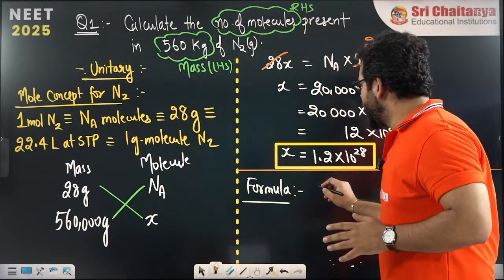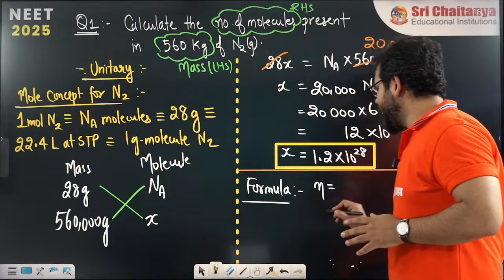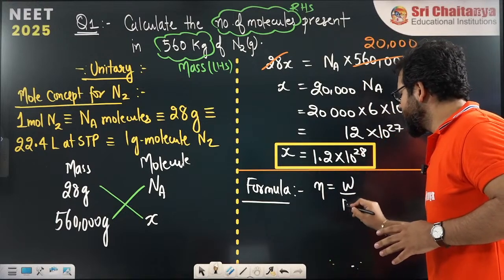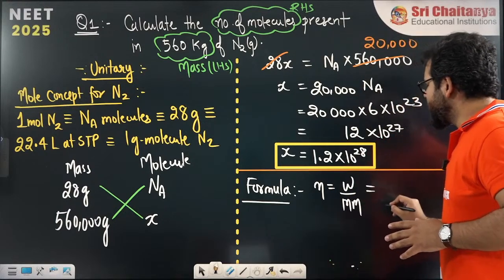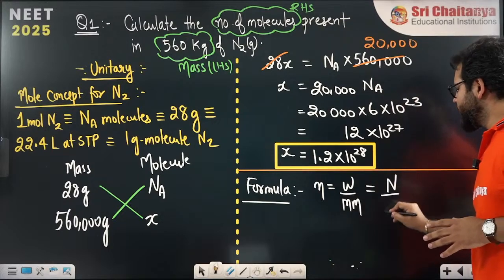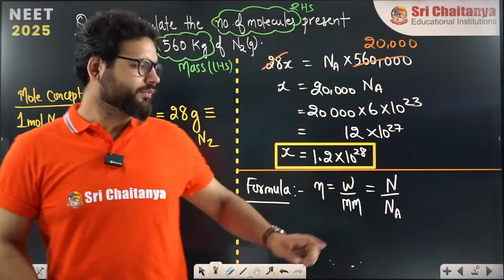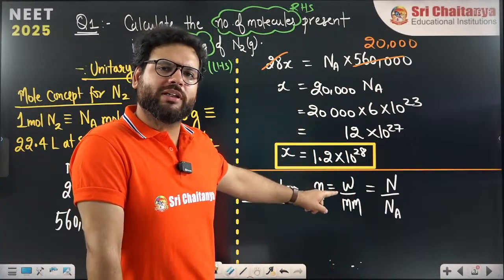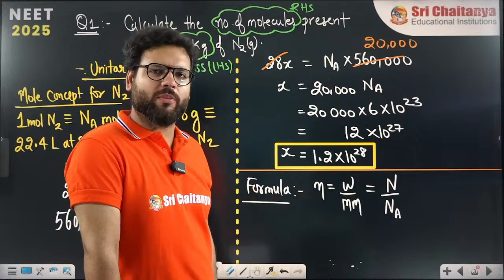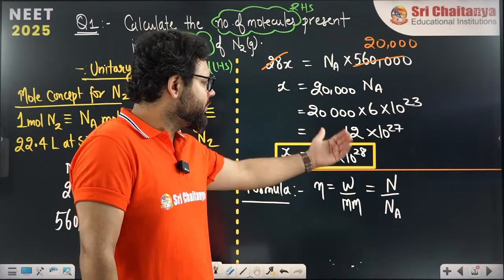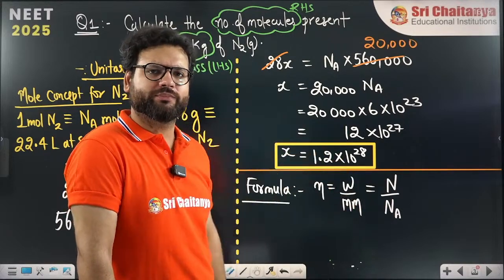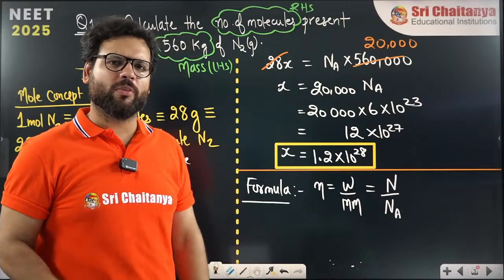Moles can be written in the form of weight by molar mass, or moles can also be written as molecules by Avogadro number. Two formulas of the moles. Moles can be written as given weight by molar mass, or moles could be written as molecules by Na. Can I say like this? I hope there is no problem in this.